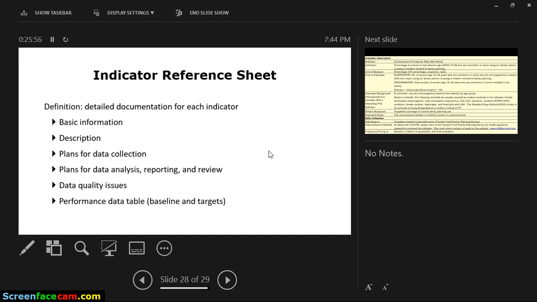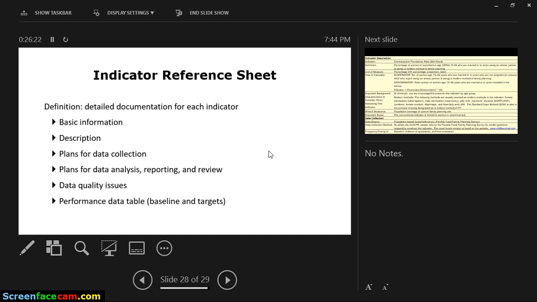The next form of quantitative indicator is what is called a ratio. A ratio has got a numerator and a denominator.